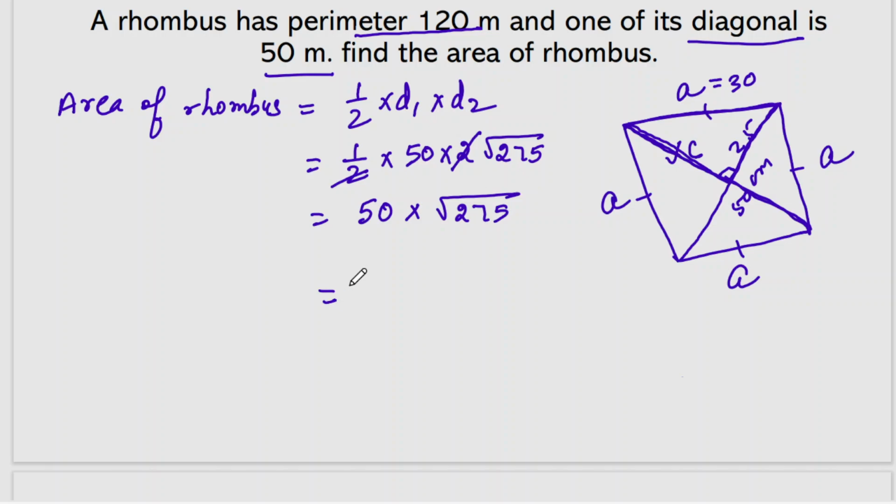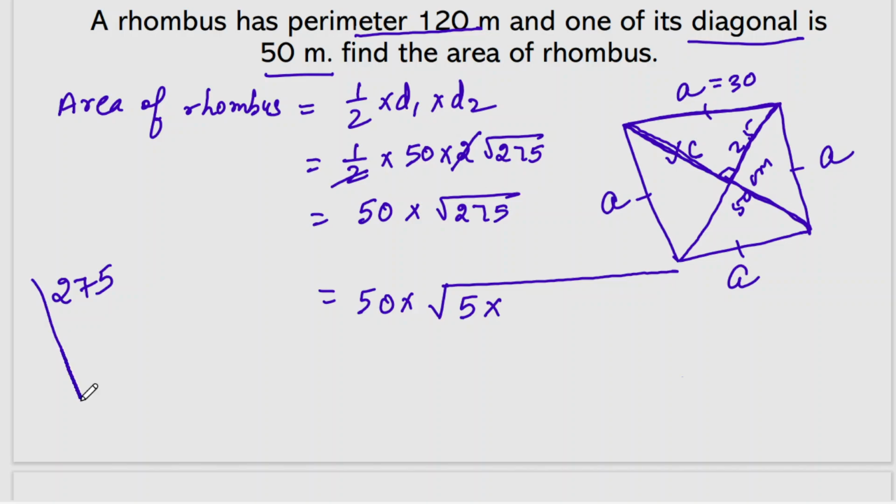See, 50 into, if you prime factorize this, what you will get here? 275 in factorization: 5 times, 5, and then 5, and then 11.